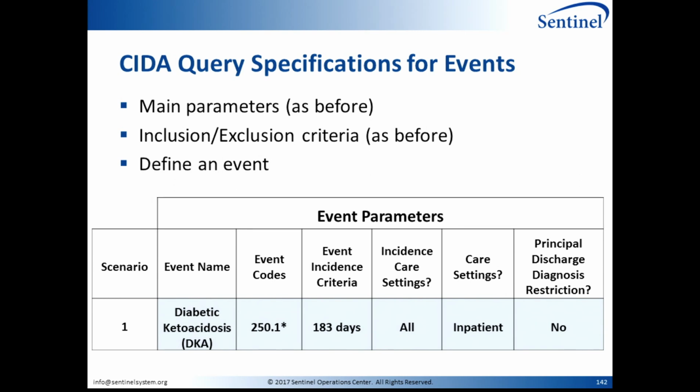Because the FAERS case series that came in was talking about people with hospitalized DKA. So if I'm going to be keeping with that sort of safety issue of concern, I'm going to limit the DKA events I have here to hospitalized DKA, although I am not going to require it as my principal discharge diagnosis. So essentially, all of these, again, are parameters that are available to you to ask these questions and to help to better specify the cohort of interest.